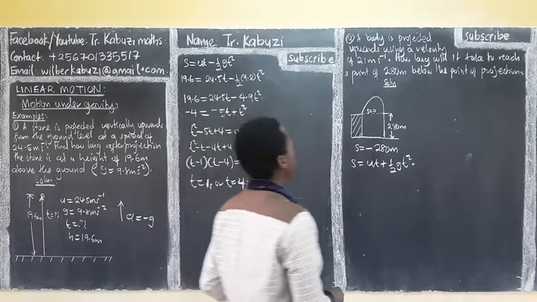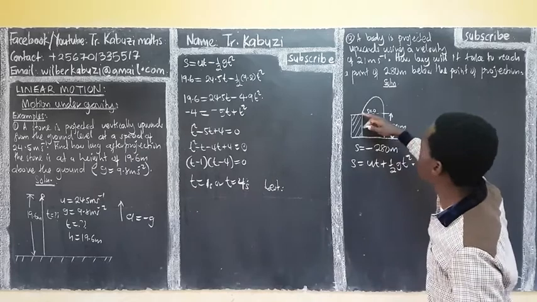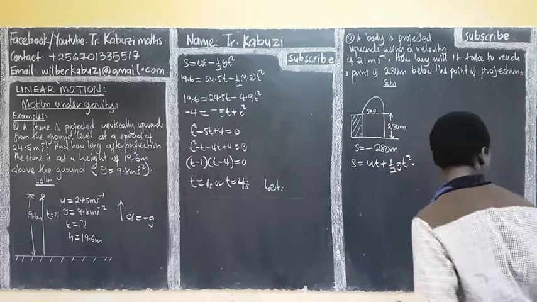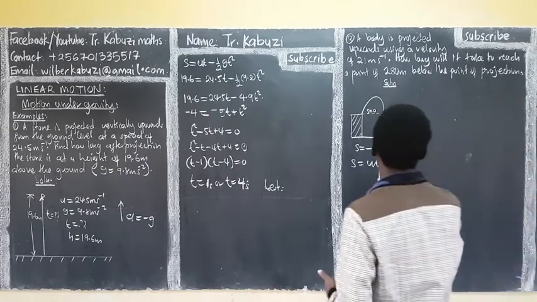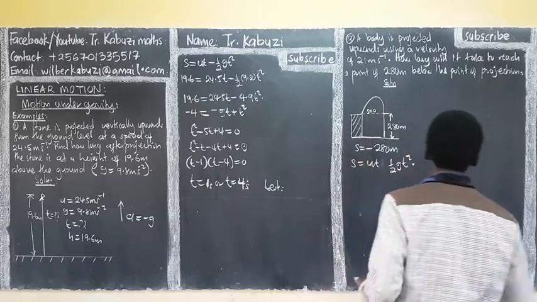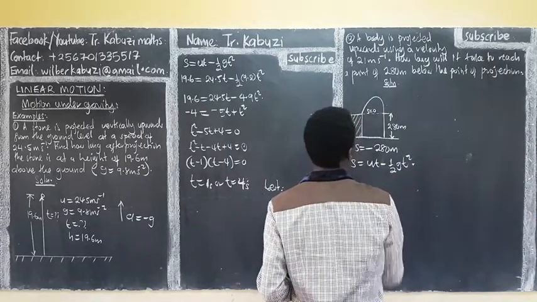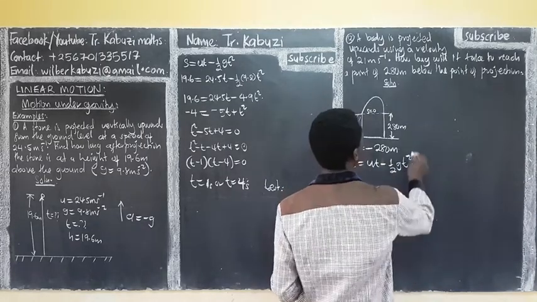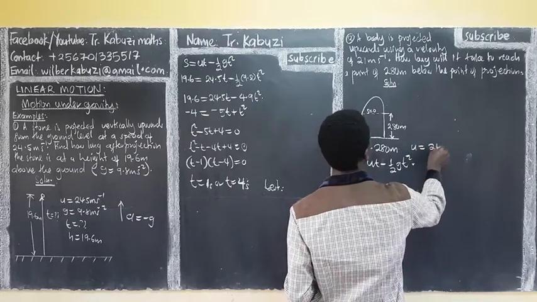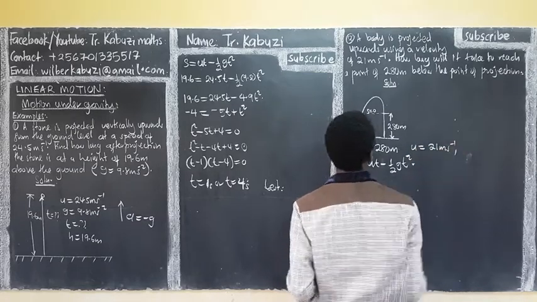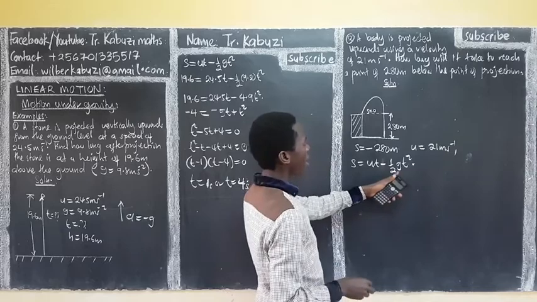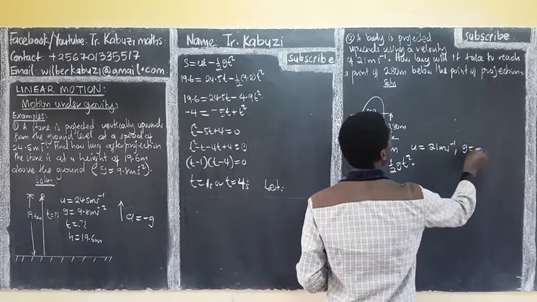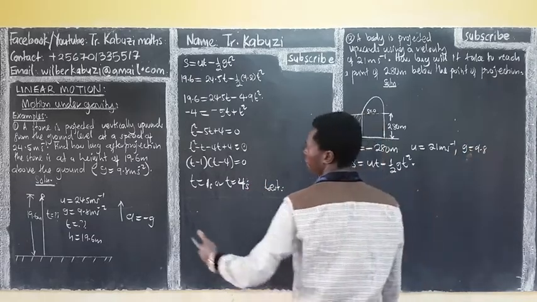Now our body from here was projected upwards, so it's going to affect this one as a negative. Our initial velocity was 21 meters per second, and our g was given as 9.8 from the question.